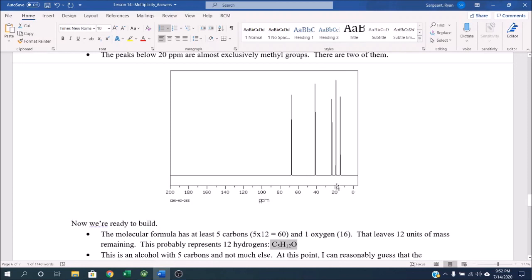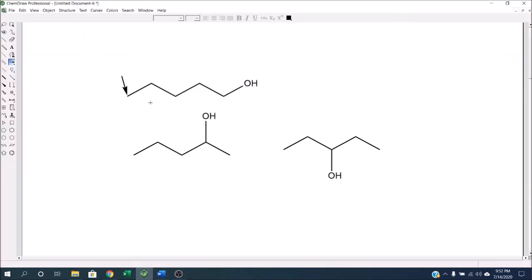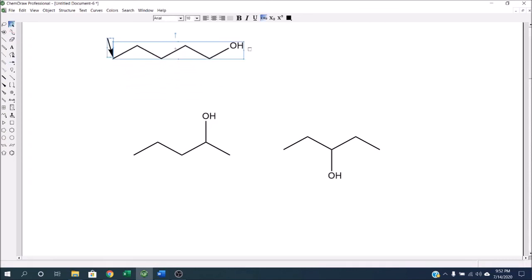If something shows up below 20, it is almost always a methyl group, 98% of the time. And so the fact that I've got 2 of them would suggest that a compound that only has 1 methyl group is out. My C-13 NMR is telling me I have 2, so I'm going to go ahead and remove that compound from consideration.